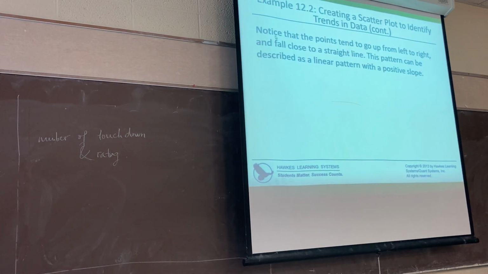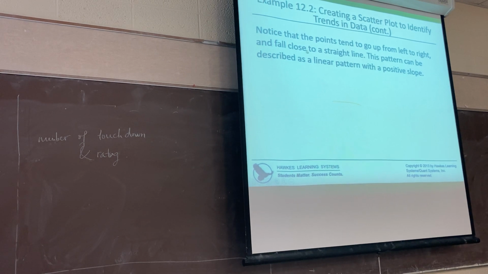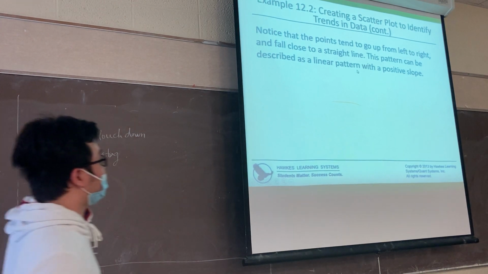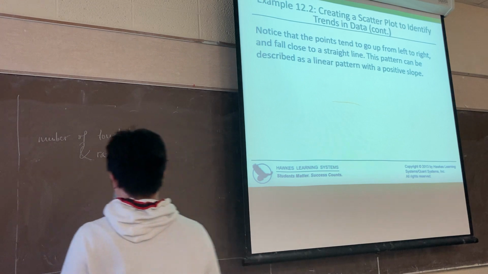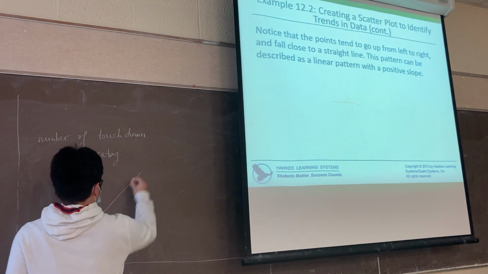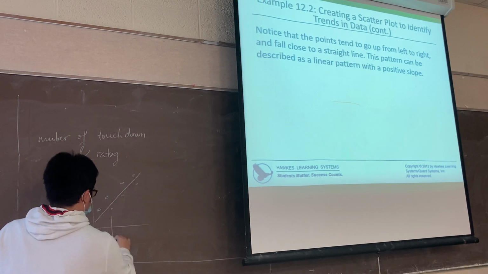Notice that the points tend to go up from left to right and fall close to a straight line. This pattern can be described as a linear pattern with a positive slope. What does it mean? What is the positive slope here? We have two kinds of data. Data like this, we call positive slope.